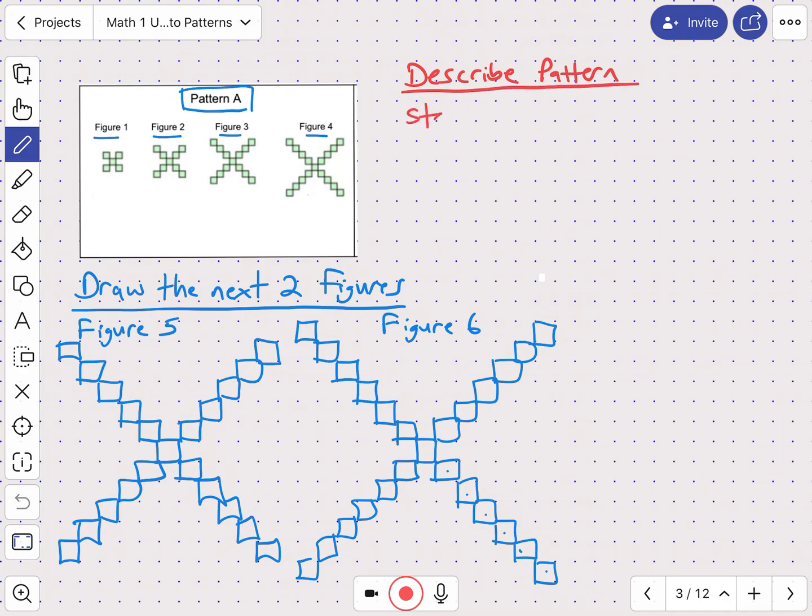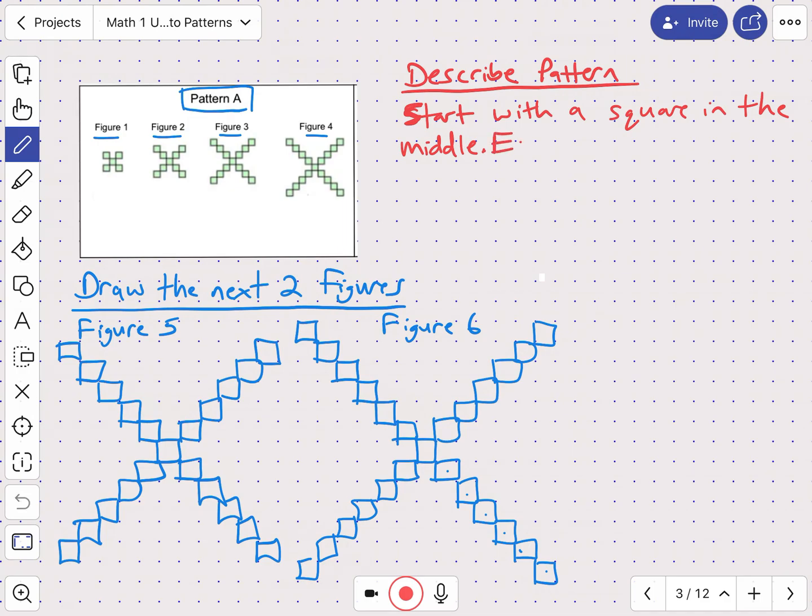I would say you start with a square in the middle. And then for each figure, you add that many squares on the diagonal for the X, or something like that.